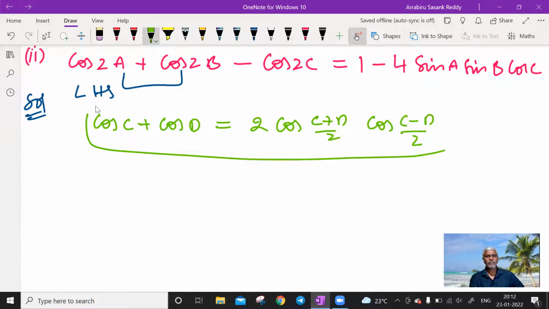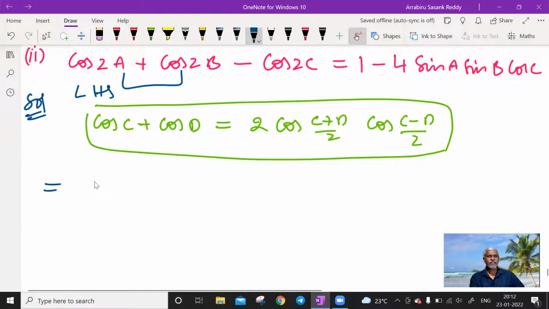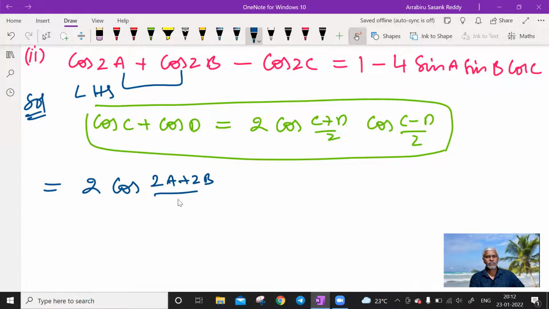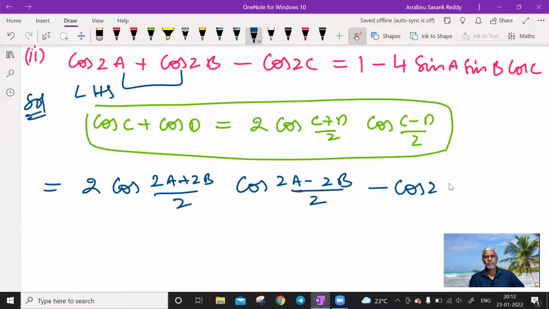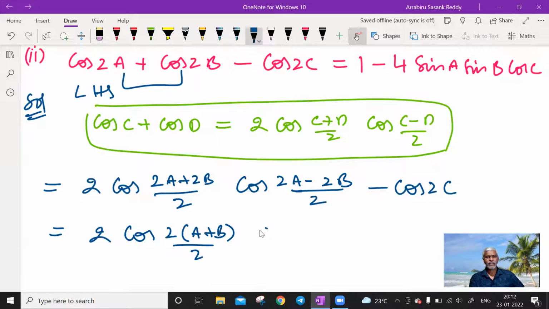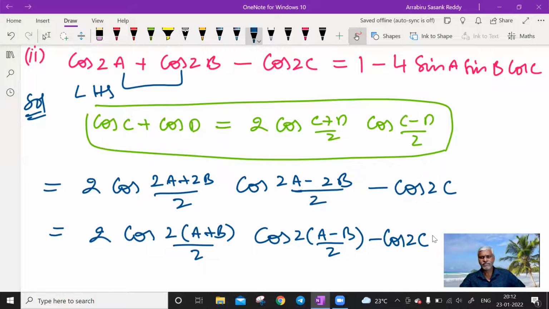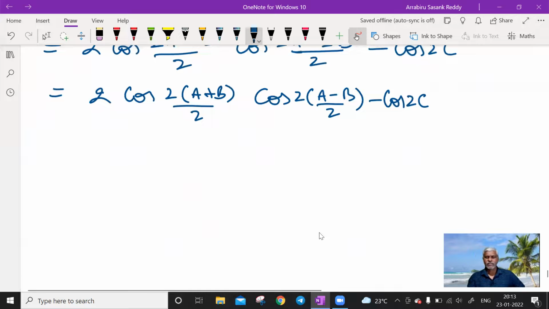So using this one, this becomes 2 cos (2A plus 2B) by 2 cos (2A minus 2B) by 2 minus cos 2C as it is, that is cos 2 into (A plus B) by 2, cos 2 into (A minus B) by 2, minus cos 2C.